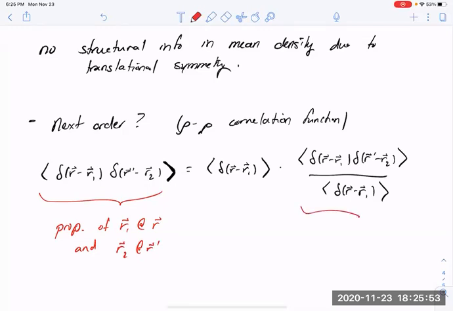That is equal to, this factor over here is, if we read it in words, the numerator says the probability of finding particle 1 at R and at the same time particle 2 at R prime, divided by the probability of finding particle 1 at R. That's a joint probability divided by a so-called marginal probability of just one of the components. That is what's known as a conditional probability.